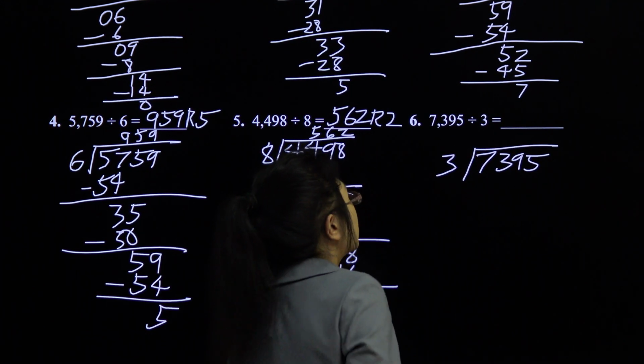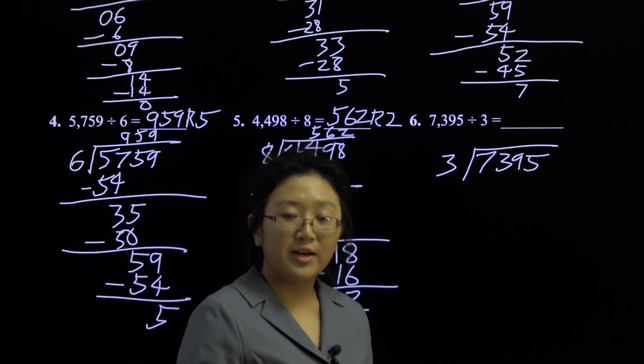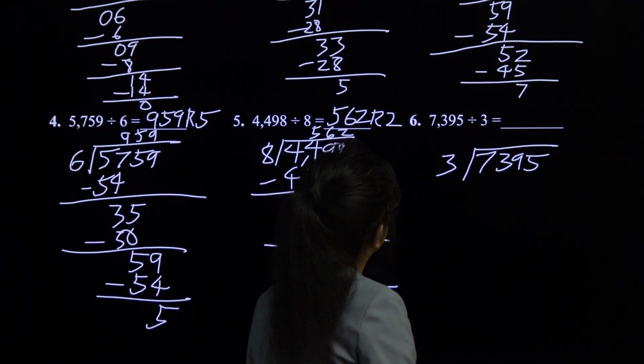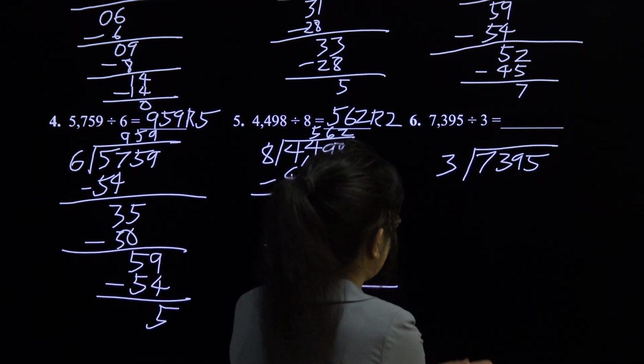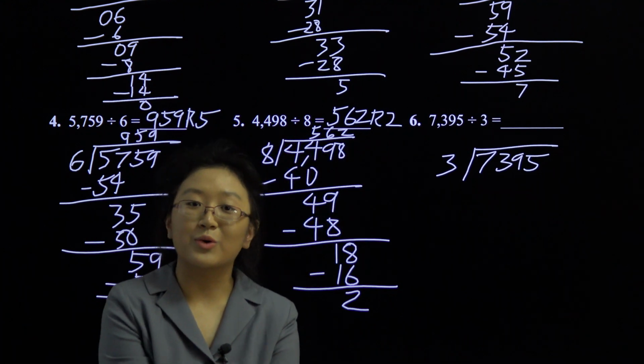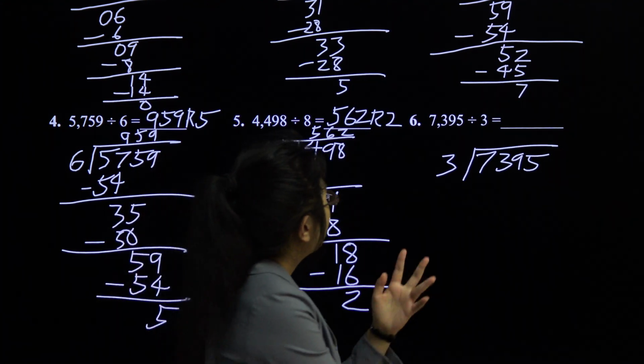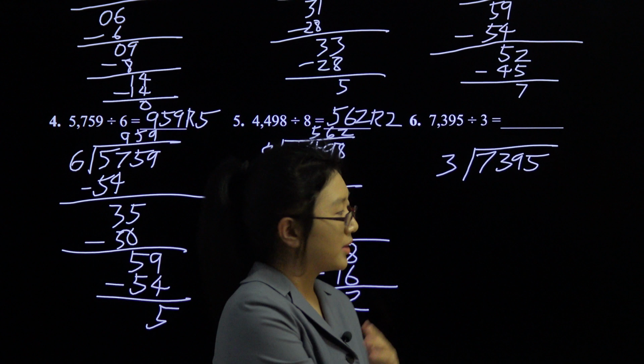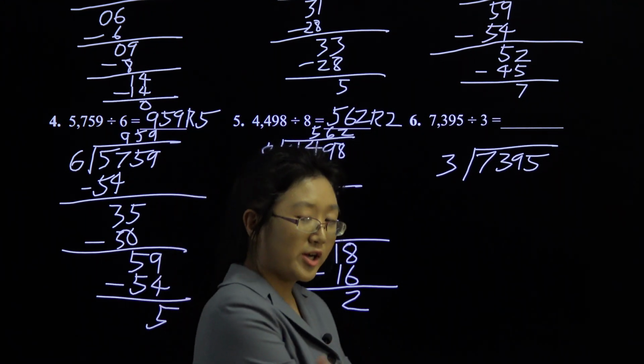Our next question is 7,395 divided by 3. Is it divisible by 3 though? It is. It's actually going to end up as a whole number. How do I know this? Because there's also a trick to dividing by 3. What is that trick?